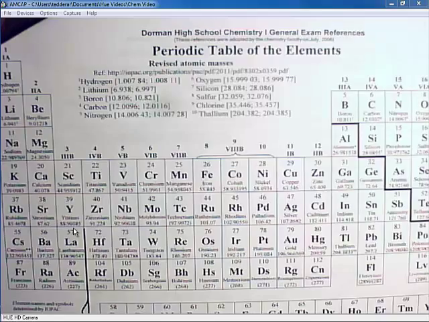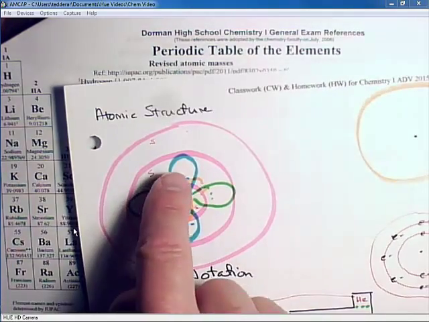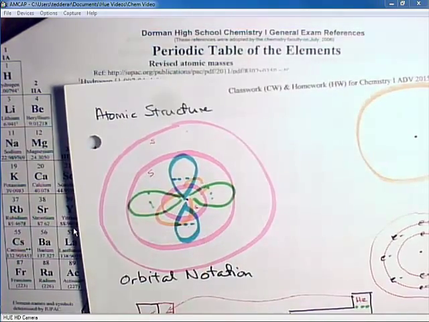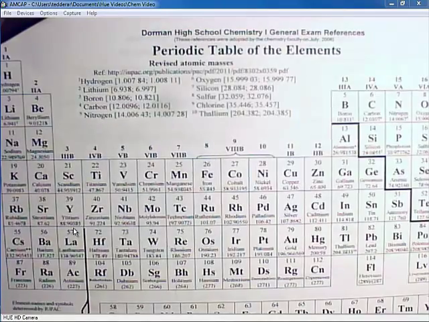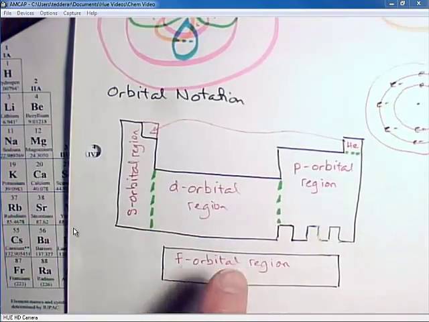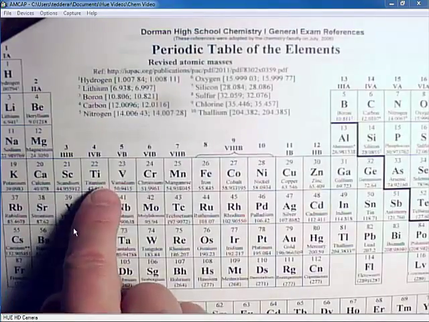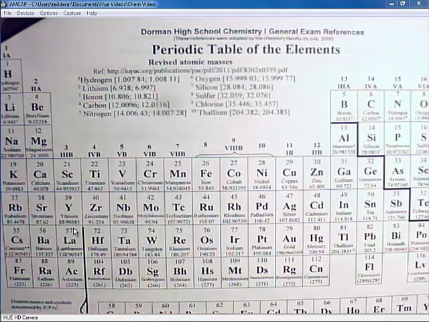In addition to that, what we've been learning about is the S and P and D sublevel regions also correspond to regions on the periodic table. So by finding an element on the periodic table, we can figure out what the orbital notation is for each element. Now these orbital notations are for what are called ground state electrons. That means the electrons are in their least energy state, their weakest energy state.